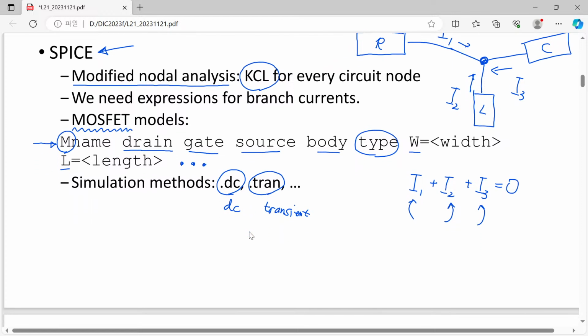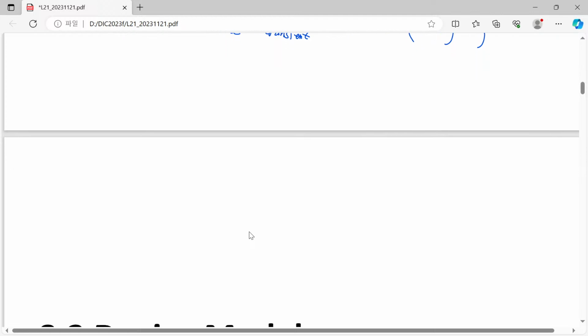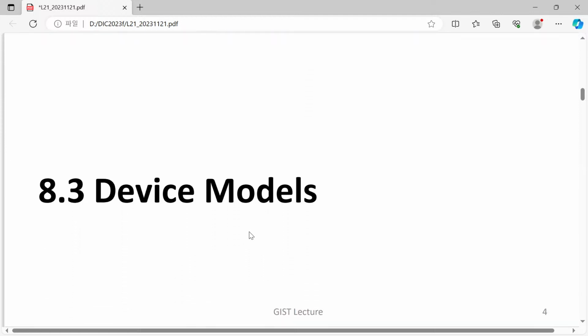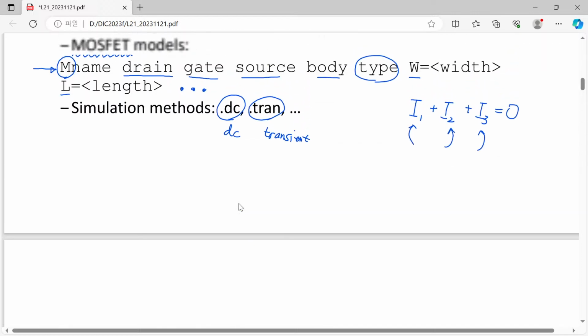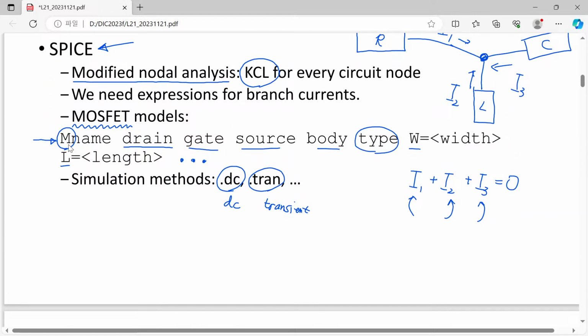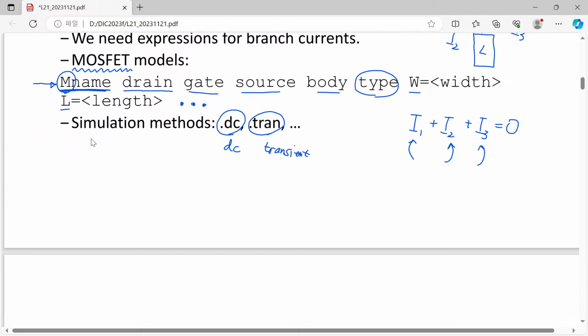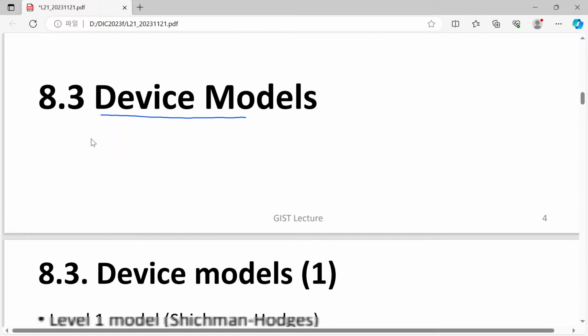Today's topic is very specialized, so we will continue to discuss the device models used in SPICE. Simply speaking, we are considering the model for our transistor, the MOSFET.